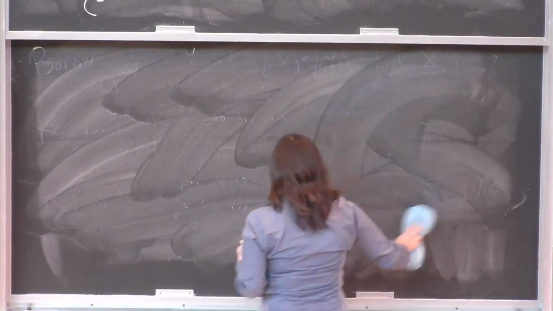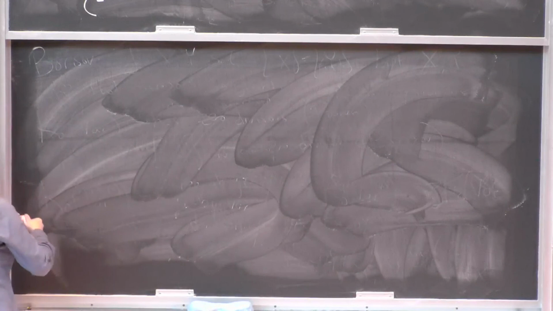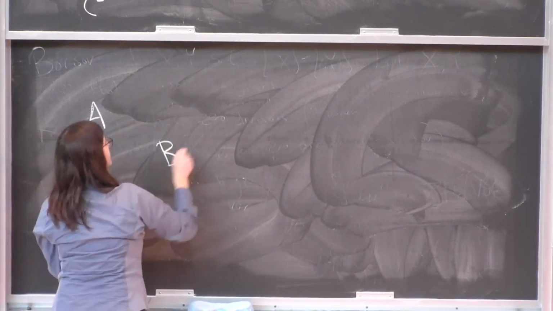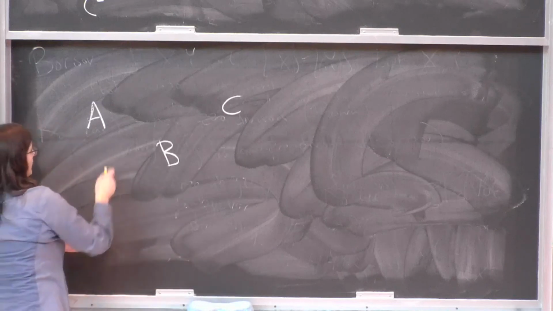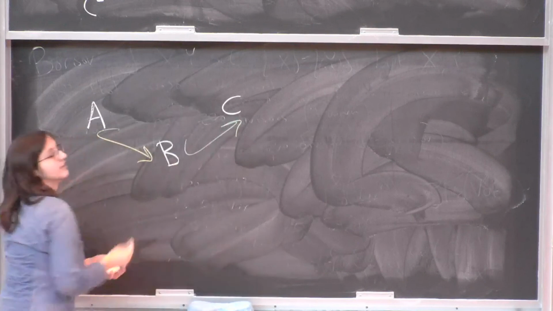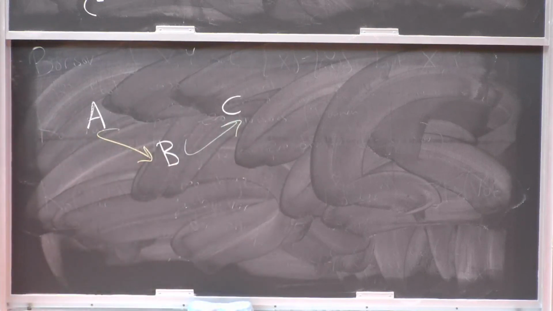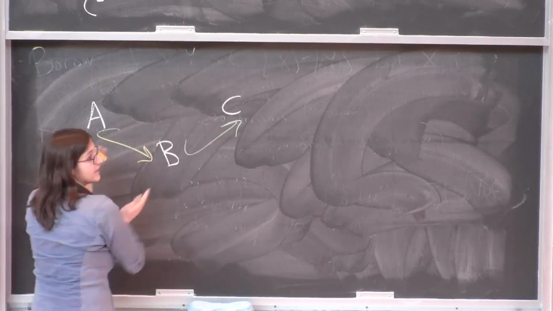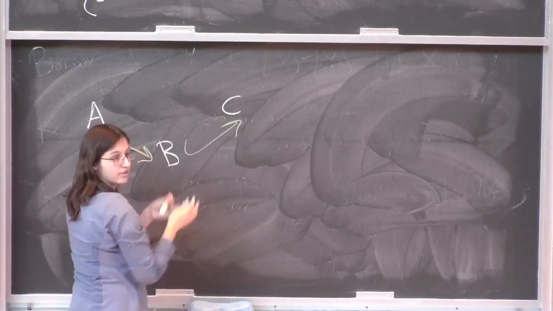What does this even mean? Let's say I'm going to do yellow first and then green. So let's say we have A, B, and C, and we have a yellow injection here and a green injection here. We want to complete these to a square in such a way that the complements in this direction are the same as the complements in this direction.